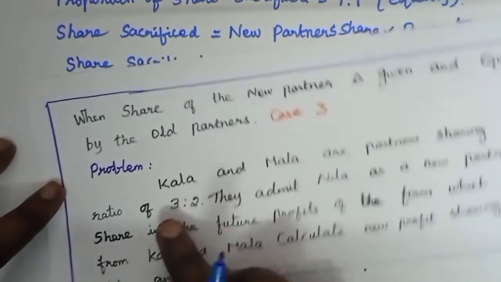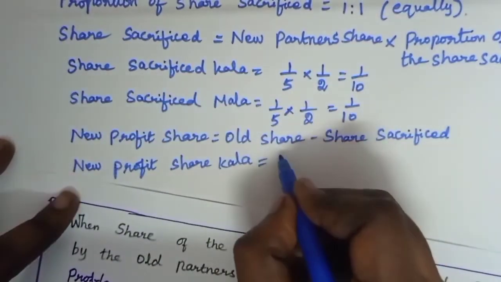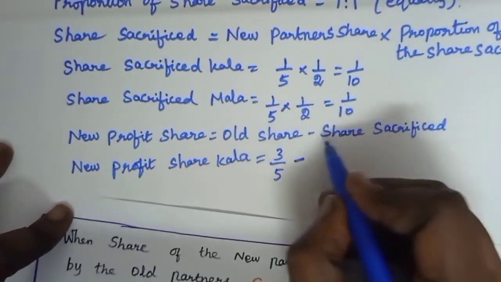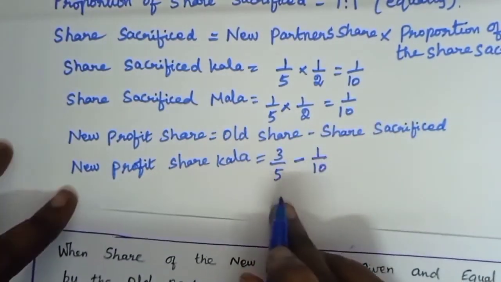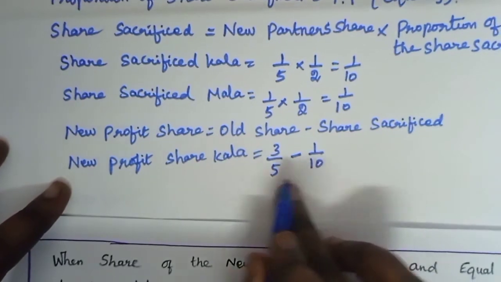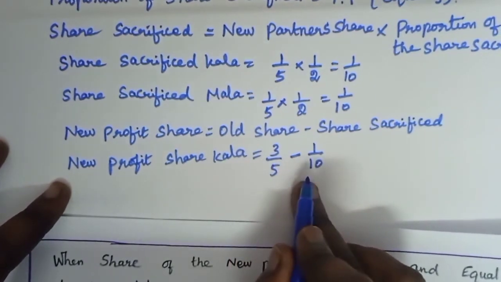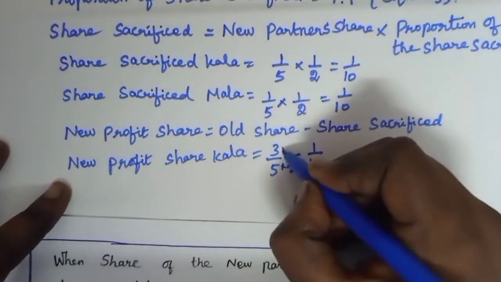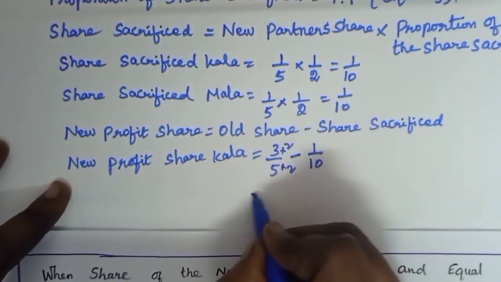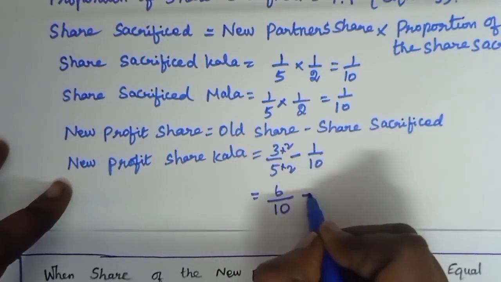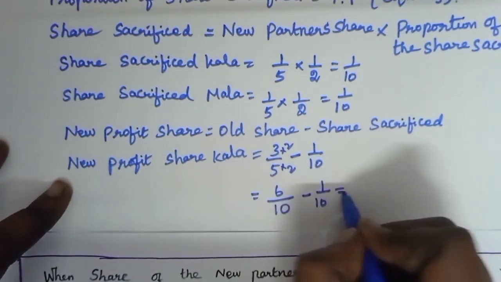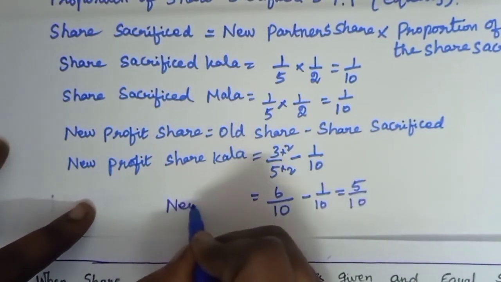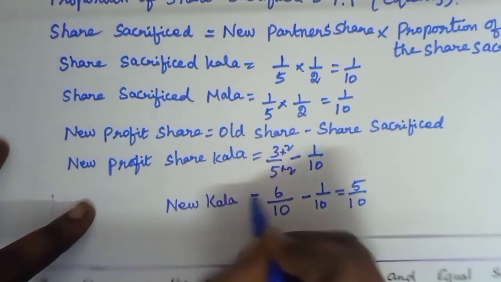Old share of Kala 3/5, share sacrificed 1/10. Here the denominator is different, so we have to change the denominator. LCM is 10. We have to multiply with 2. We will get 3 2s are 6, 6/10 minus 1/10. How much? 5/10. This is the new profit share of partner Kala.